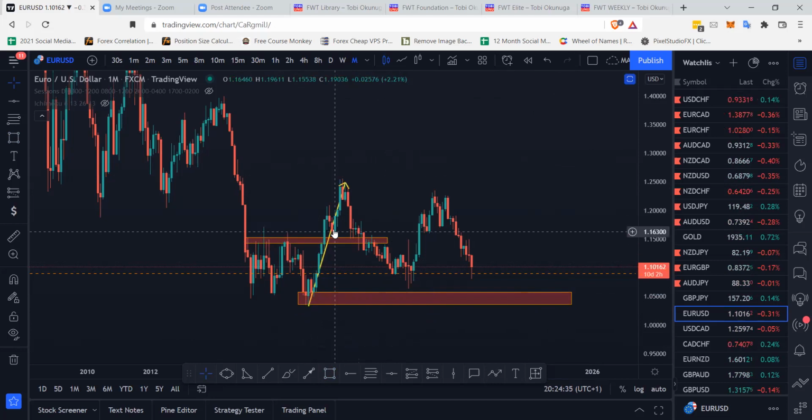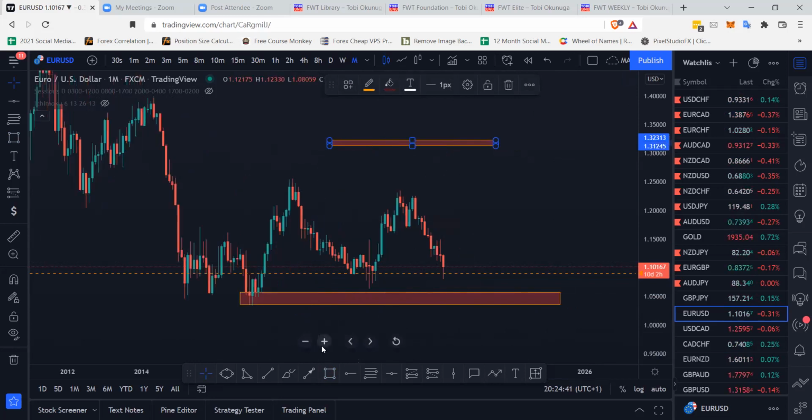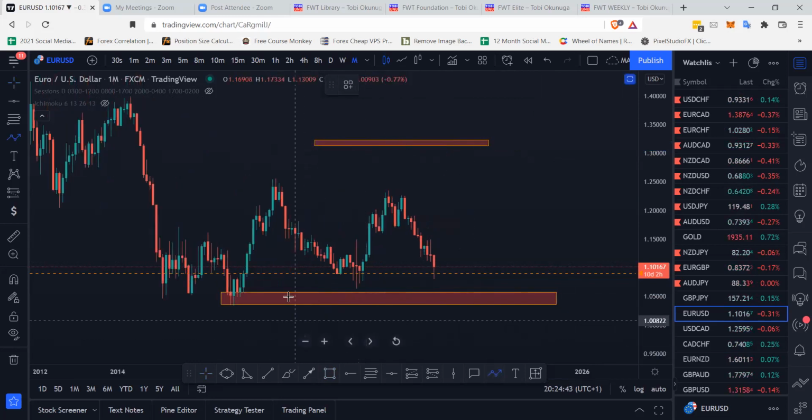Now, let's remove this. Looking at this move like this, price is not even yet in it, except you now want to add this one, this drop, base, rally. Use this place.